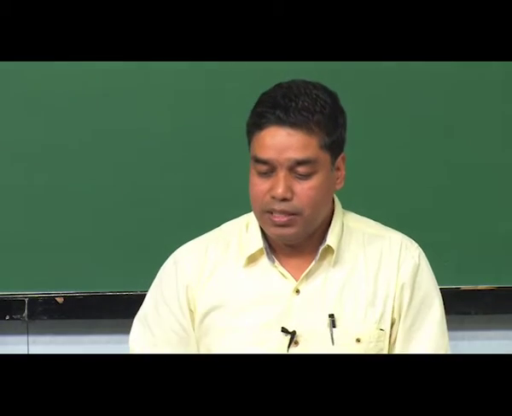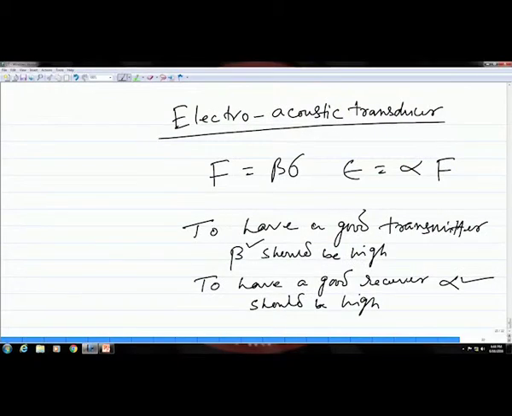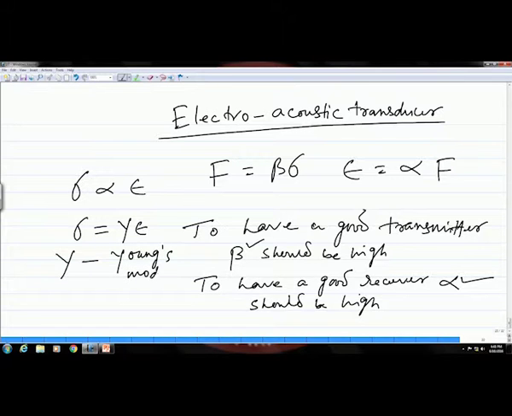Now, if you see these two are related by stress and strain, which are also related to each other in this fashion, and within the elastic limit this is related by Hooke's law in this fashion, wherein y is the Young's modulus.